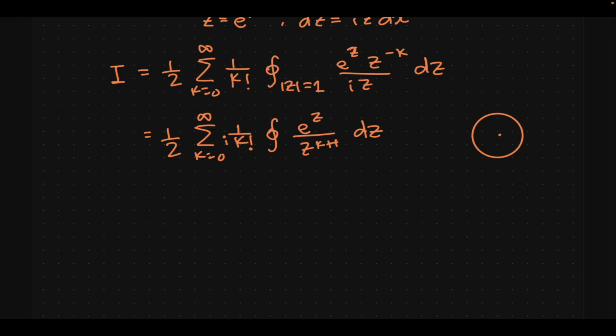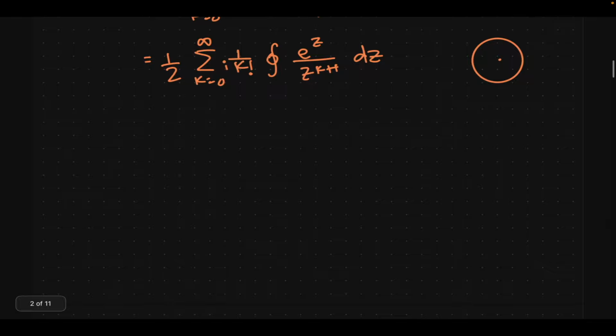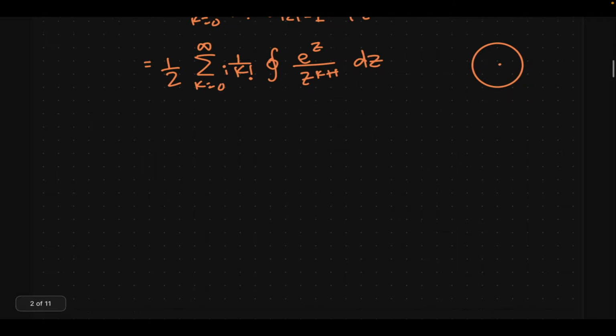The only poles we're going to have actually come from this denominator, so they're happening at z equals 0. But they're not simple poles, they're kth order poles. So I'm just going to remind you what the formula for the nth order pole is, because I know it's been a long time. I also needed to revise my formulas, believe it or not.